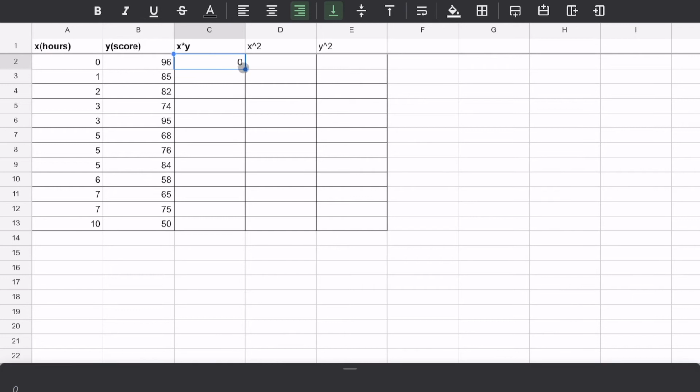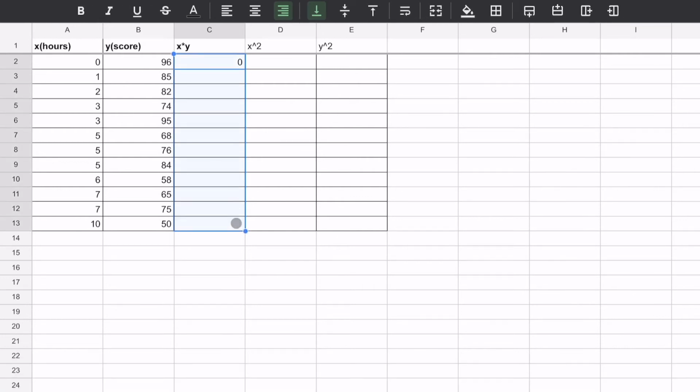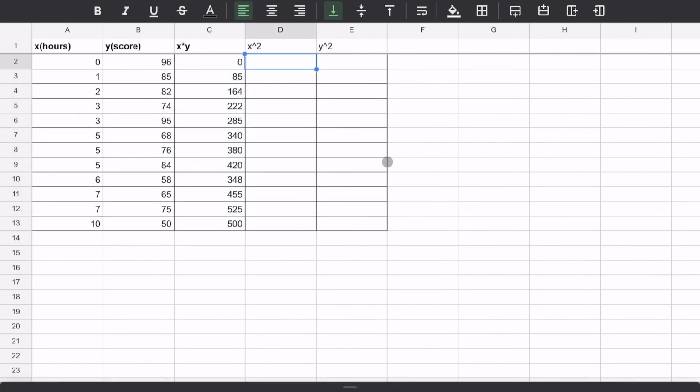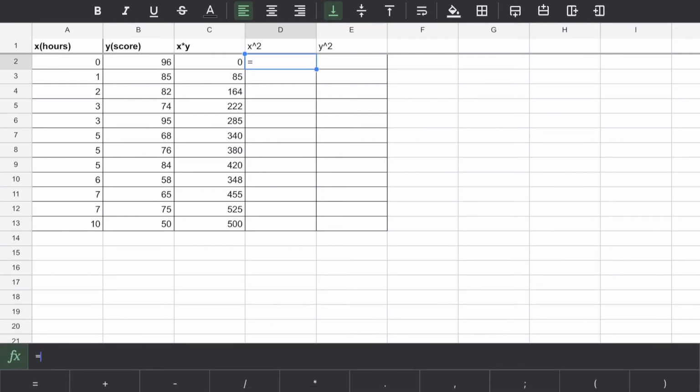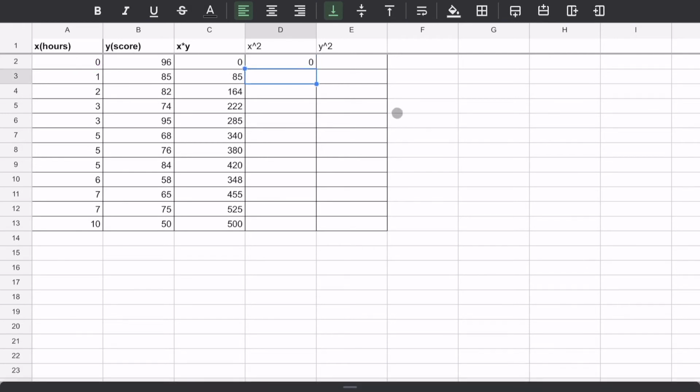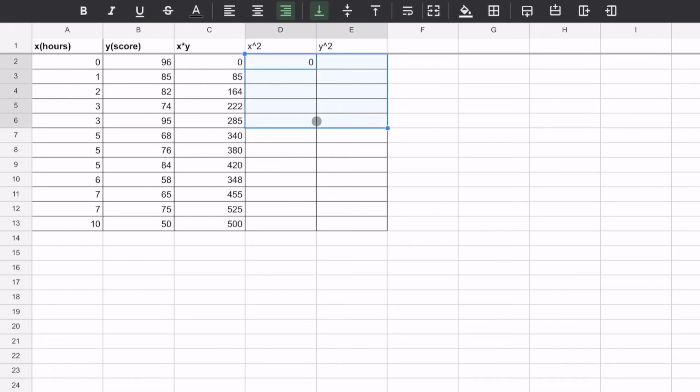It's going to be 0, and I'm going to extend this formula for all of the points. Then I have to multiply x by itself, sorry, x multiplied by itself, A2, and then I'm just going to extend this formula to other cells.